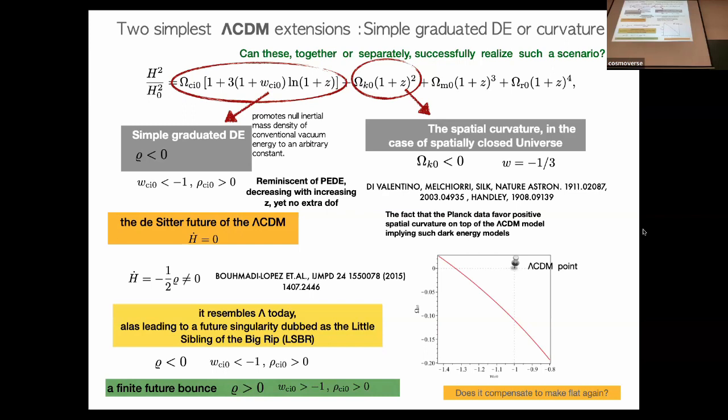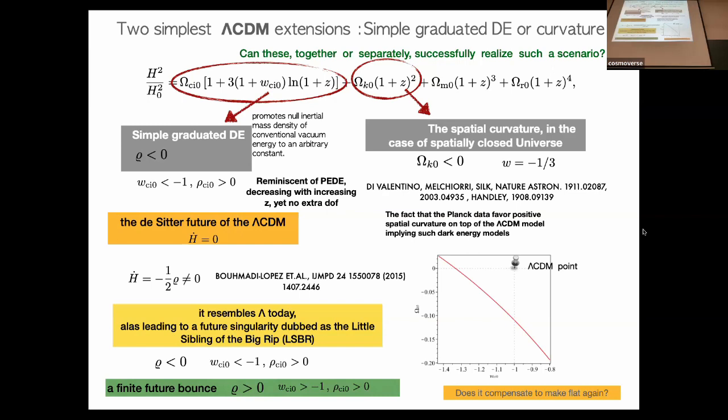The main question was this. We know that at the beginning of the road for lambda CDM, if we look at them separately, it doesn't successfully realize such a scenario, because there is a deviation in W, the equation of state, with the negative energy, the negative inertial mass density.